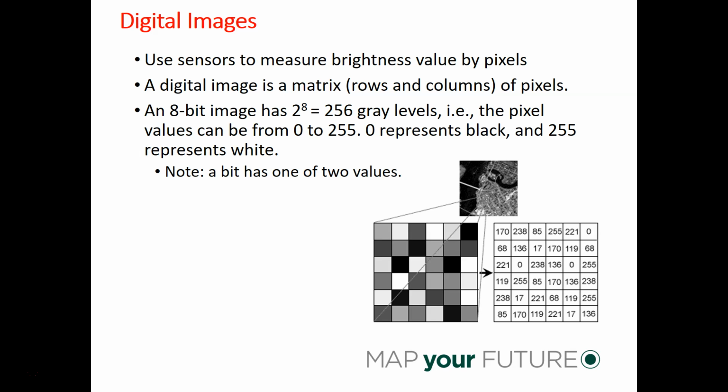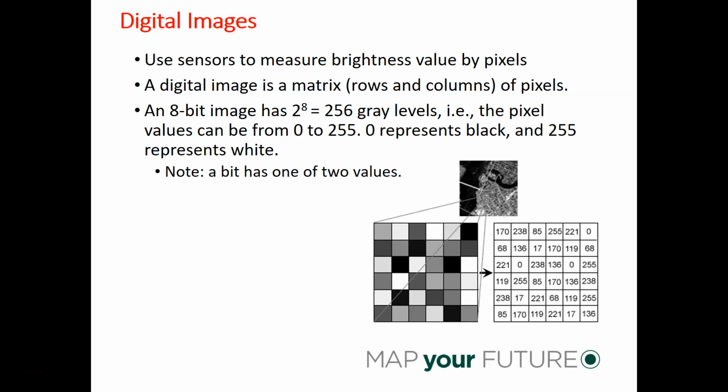The most common image that we record is an 8-bit image. And 8-bit means that, as the name suggests, it's composed of 8 bits. A bit is a chunk of information used by computers that has only 2 values, 0 or 1. So if you have an 8-bit image, you can have 2 to the power of 8 combinations of zeros and ones.